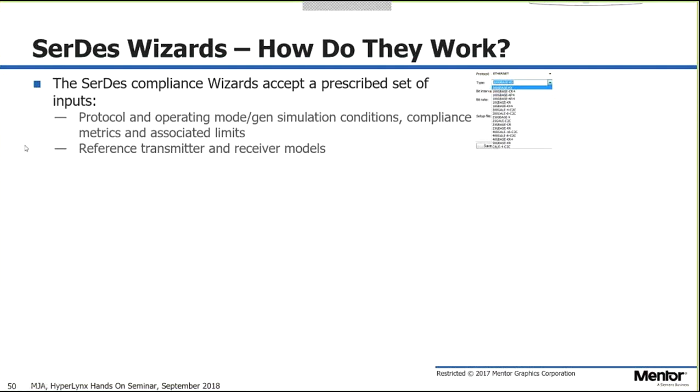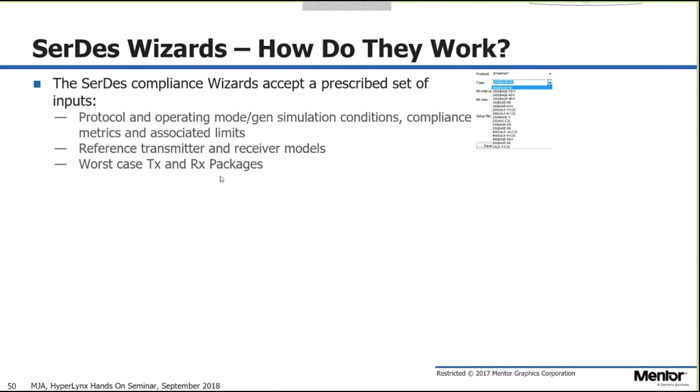And then we're going to use a reference transmitter and receiver model. So that means that you don't have to have a model. We're going to use a reference one for the driver and the receiver to see just that the interconnect is going to do its job, because what we're after is worst case transmitters and receivers, not just the ideal one that you picked out.